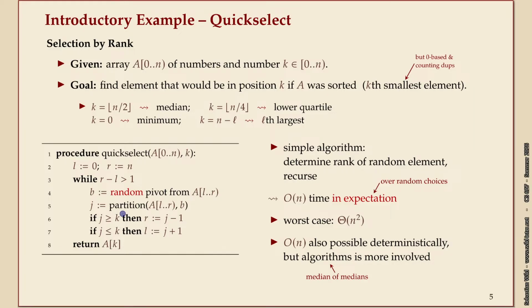Otherwise, if the splitting position where the pivot landed is too far to the right, then you have to continue searching on the left. k is still left of that. Then you adjust the upper bound, and the other case is symmetric. I suppose people remember how this works.